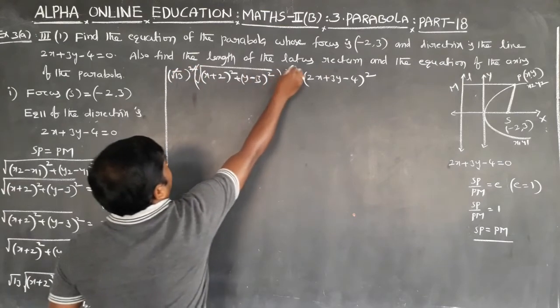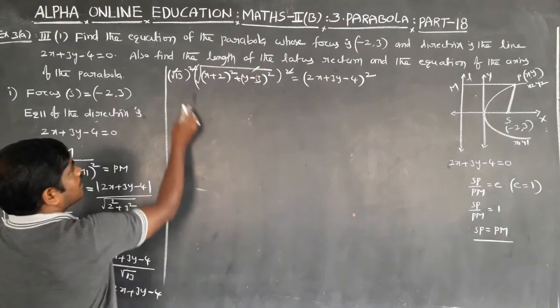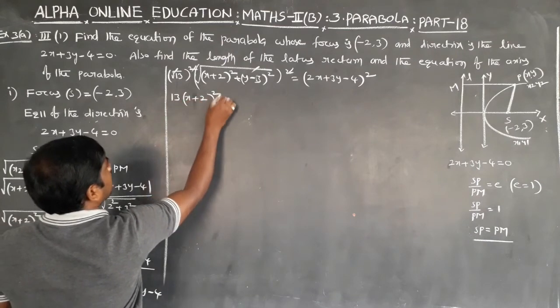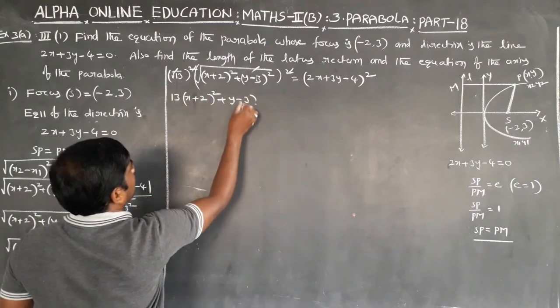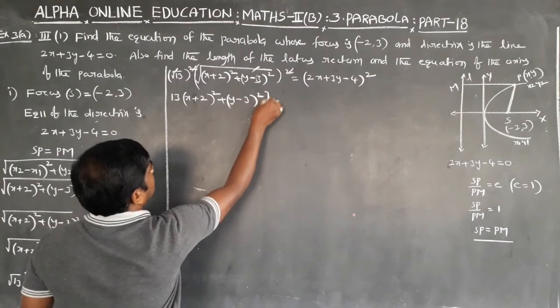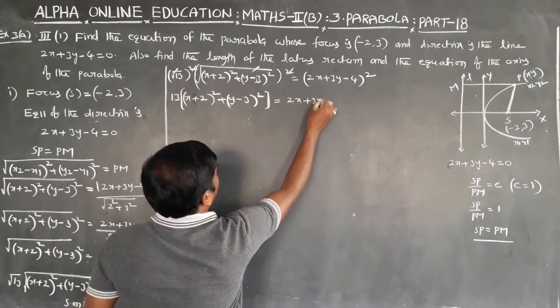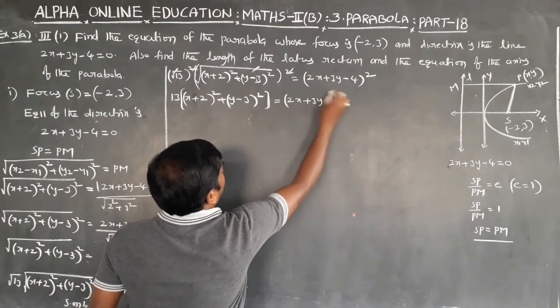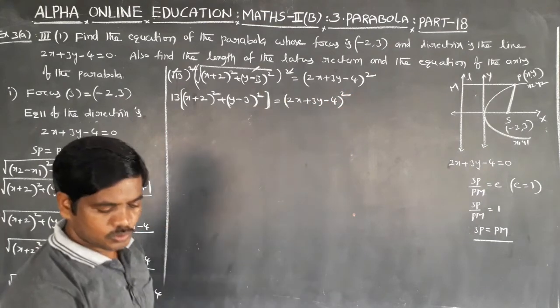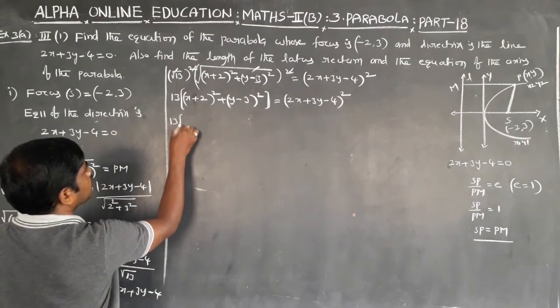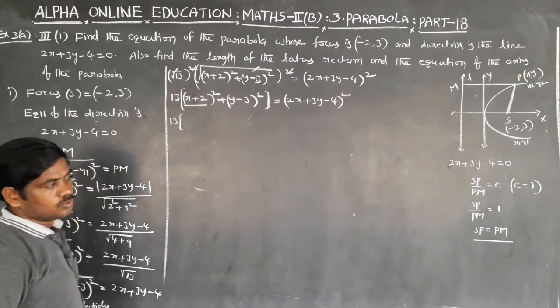Square roots cancel. 13 into (x + 2) whole square plus (y - 3) whole square is equal to (2x + 3y - 4) whole square.